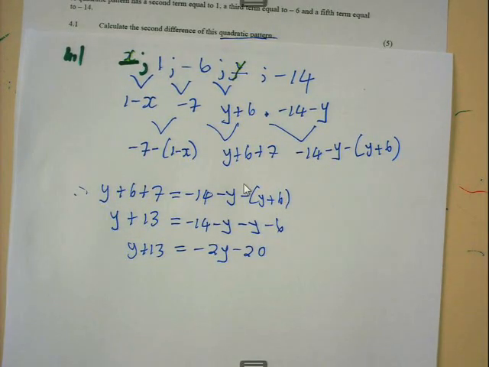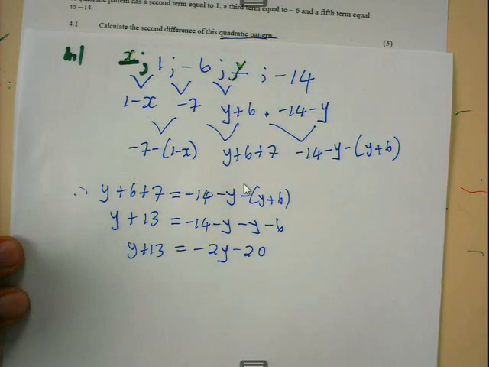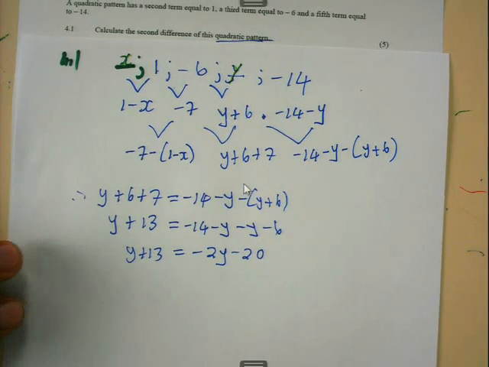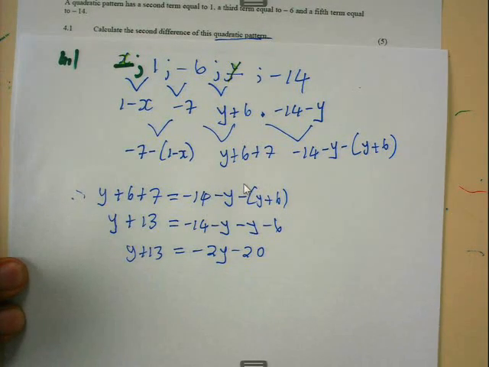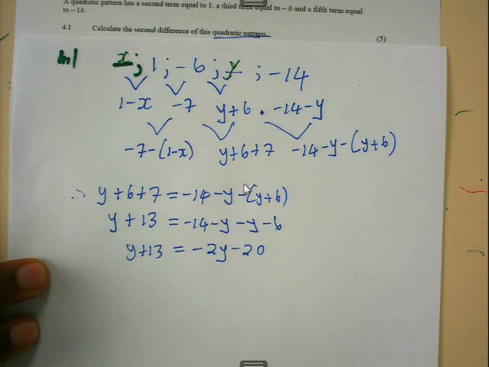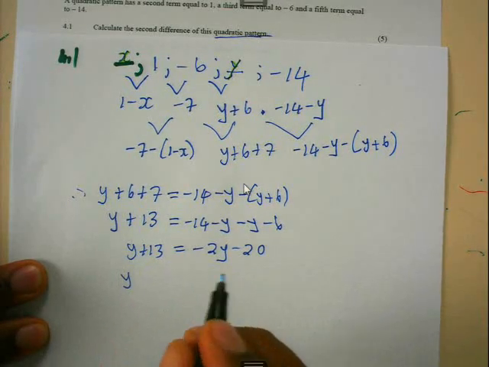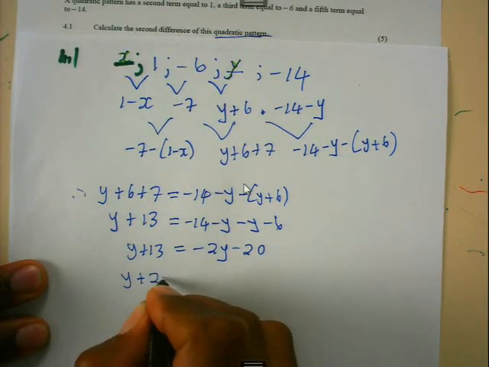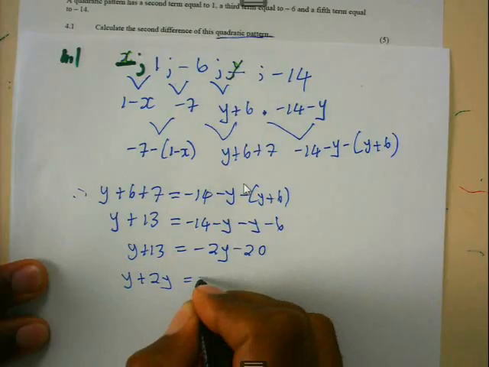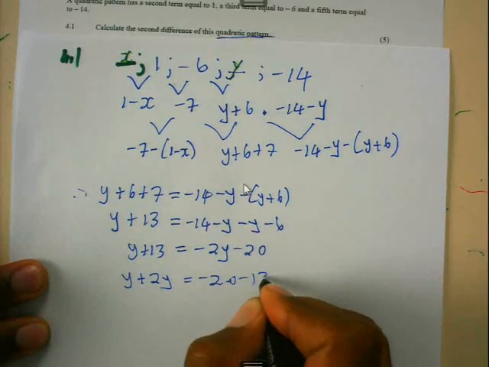That is why, if you struggle with the algebra, then you're going to have a problem when you solve the problem here in question 2 or question 4. It will depend on that question and the number pattern as well. Right, now we can collect the unknown to one side. That is 1 plus 2y is equal to minus 20 minus 13.